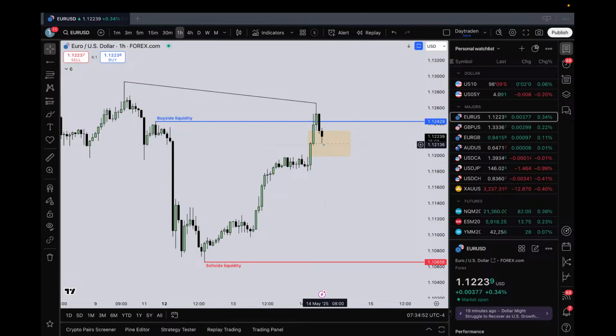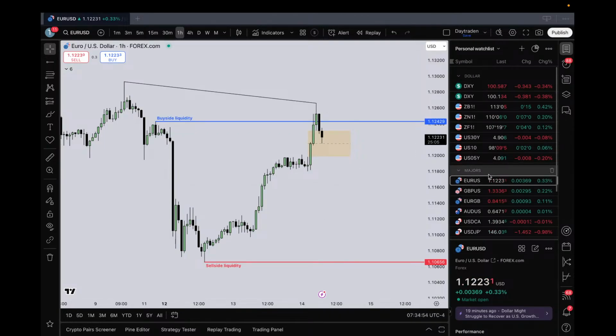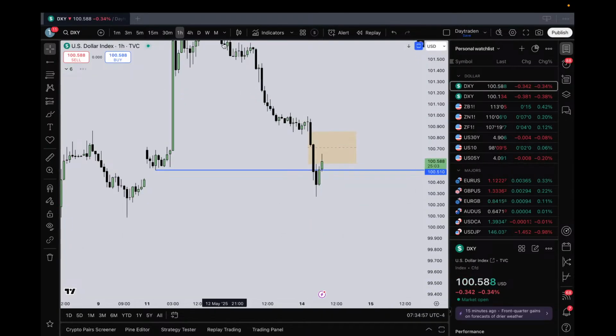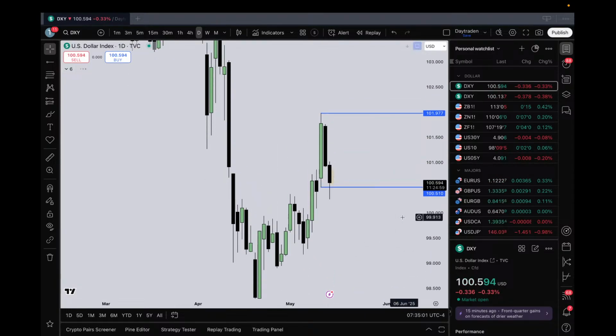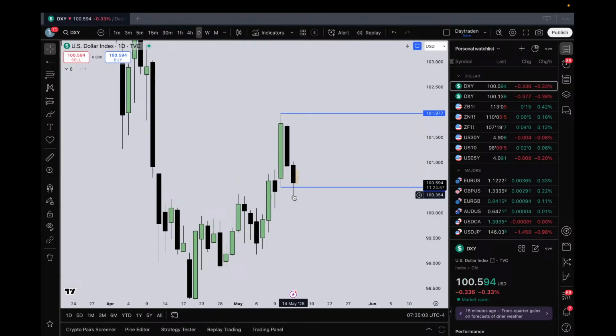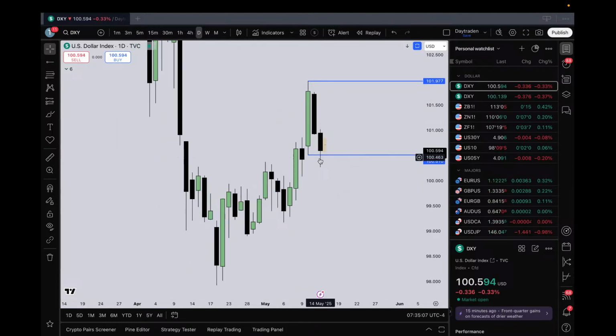But today's daily candle closure is going to be crucial for that. If we are going to see a significant body closure below Monday's low, that would invalidate the bullish idea for me, and then I would look for more sells on the dollar index.